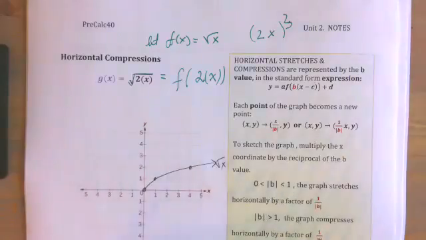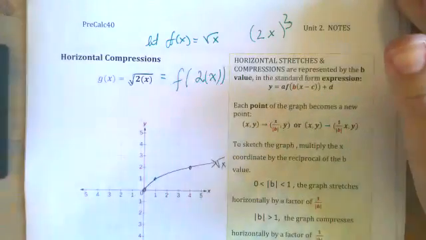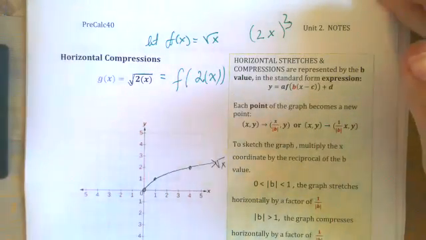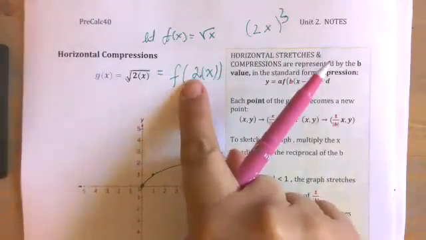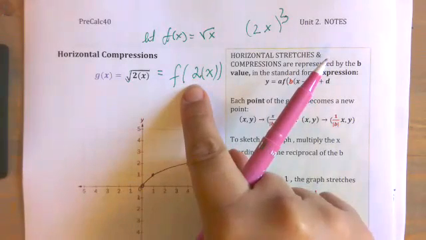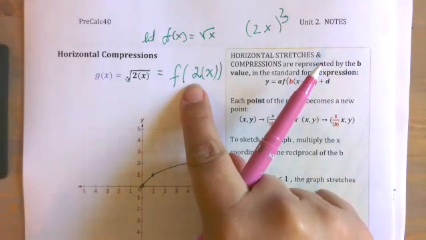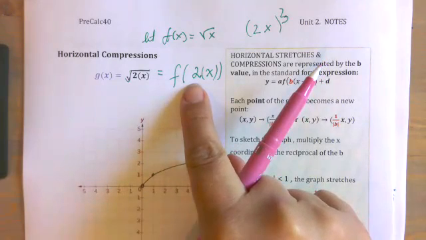We've seen it for horizontal reflections, but we've only seen it as a negative. What happens if that position is not a negative number? Now we see it as 2 here, right? Now the intuition would tell us, oh yeah, I just times all of the x coordinates by 2, but that's not what happens, okay? It's actually going to be the reciprocal of 2, the opposite way it was for the vertical stretches and compression.